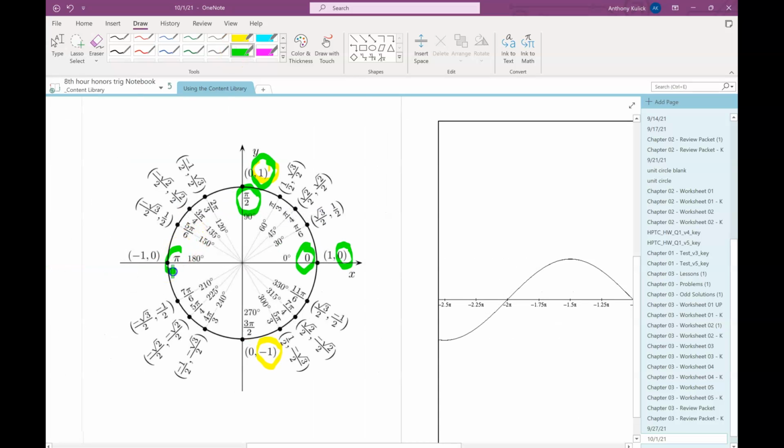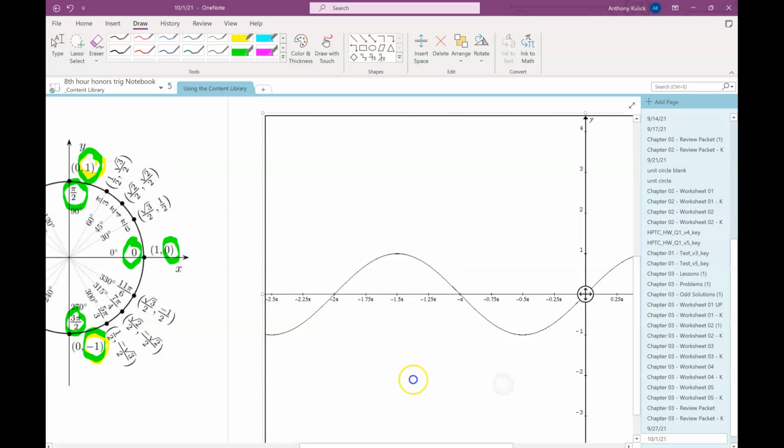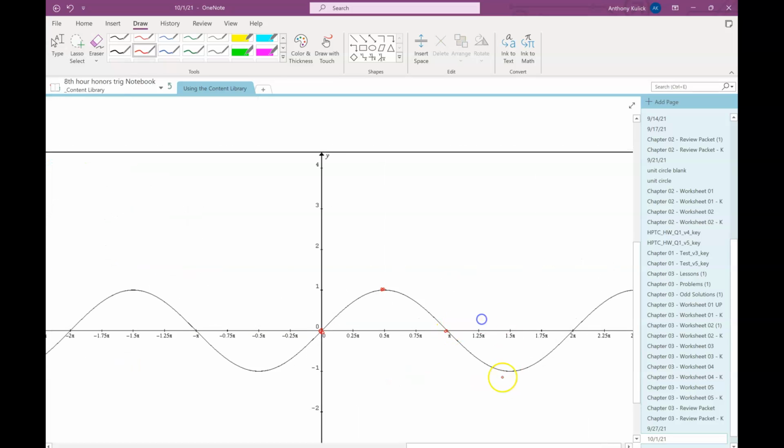I could continue doing this. (Pi, 0), (3π/2, -1). And I could just keep plotting these out. And I could use points in between. There's nothing special about the points I picked other than they're the extreme points, or the zeros, or the x-intercepts.